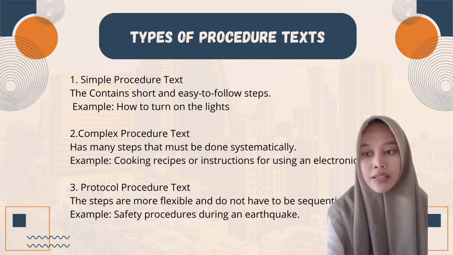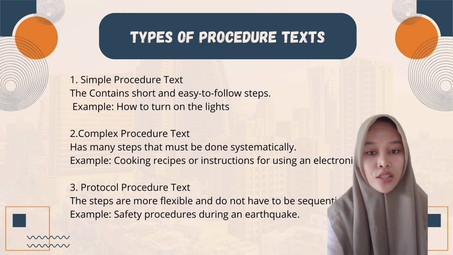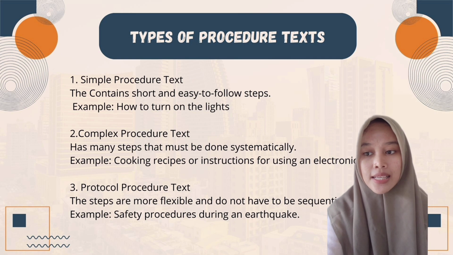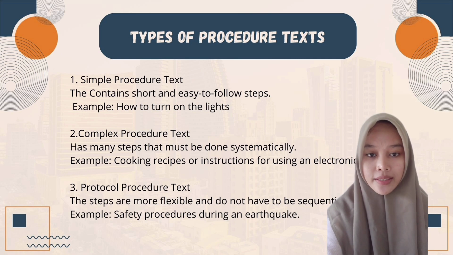This type has many steps that must be done systematically, such as how to make food, like a cooking recipe, or instructions for using an electronic device. And the last is protocol procedure text. In this type the steps are more flexible and do not have to be sequential. The example is safety procedure during an earthquake.